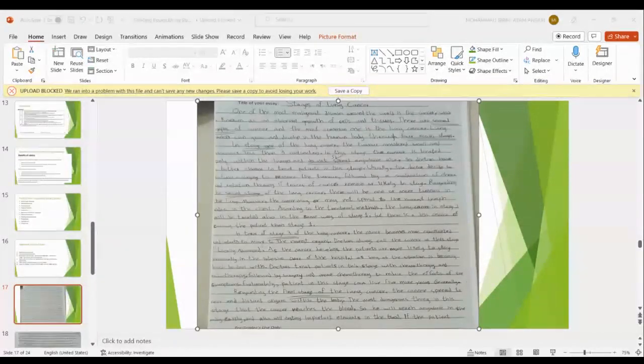Does the last line of the introductory paragraph contain a thesis statement? Yes. And what are the keywords? Can you see, four main stages? Yeah, exactly.